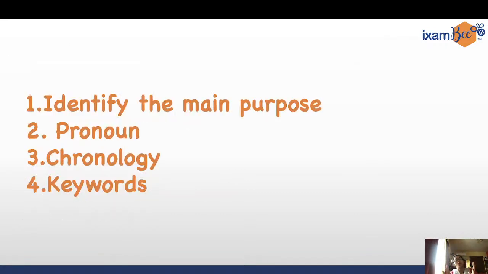Now, when it comes to sentence rearrangement, today we are not going to do it from scratch. We're just going to look at the four main strategies, four main steps, and then we're going to go ahead and do some practice.